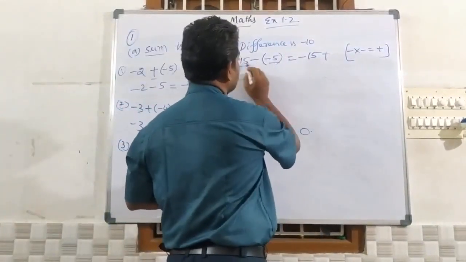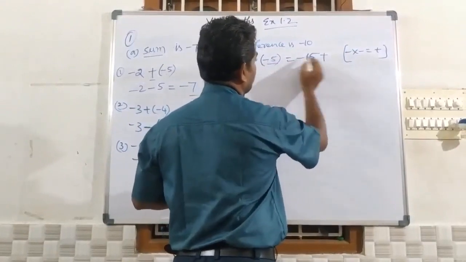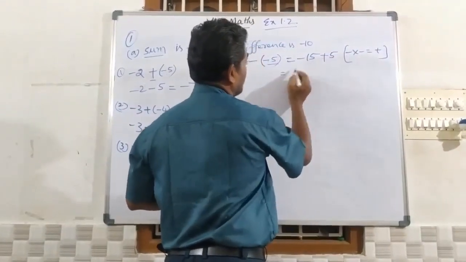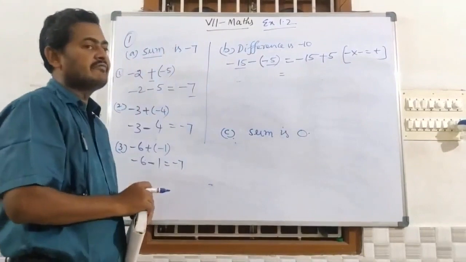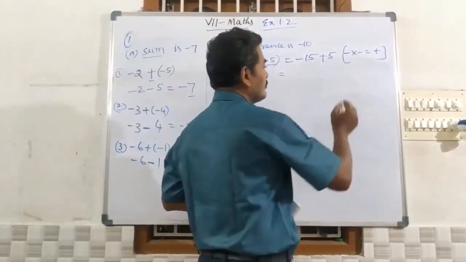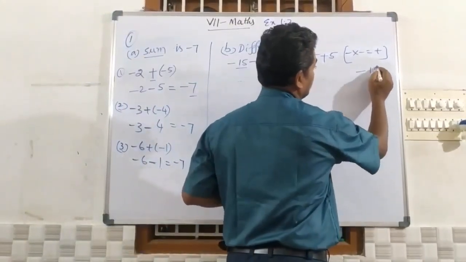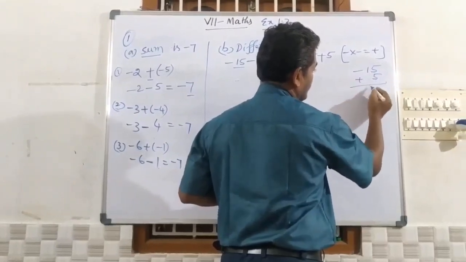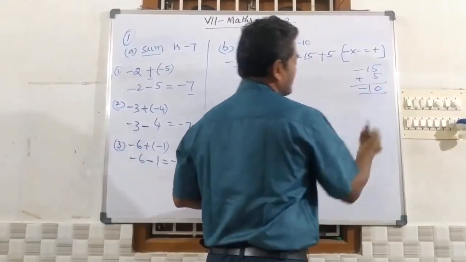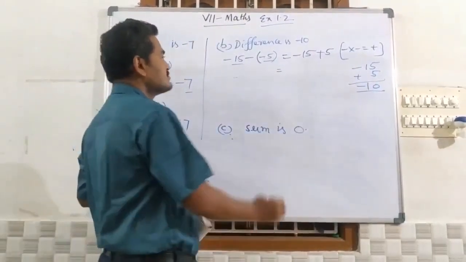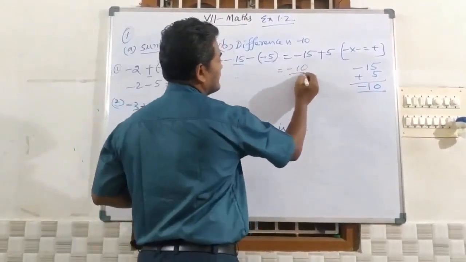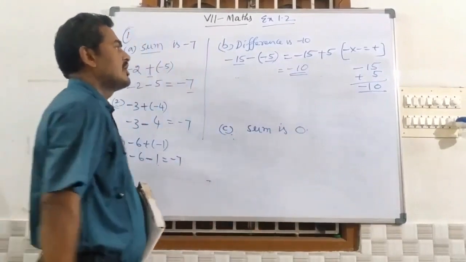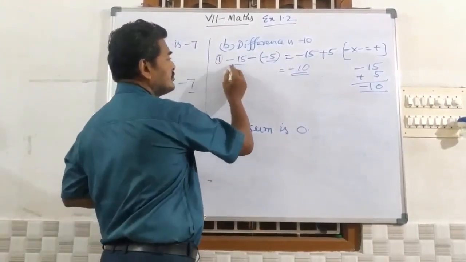Now here, minus 15 minus into minus gives plus 5. Here the symbols are different, so we go for subtraction: minus 15 plus 5. 15 minus 5 is 10, and the greater number has the minus symbol, so the answer is minus 10.